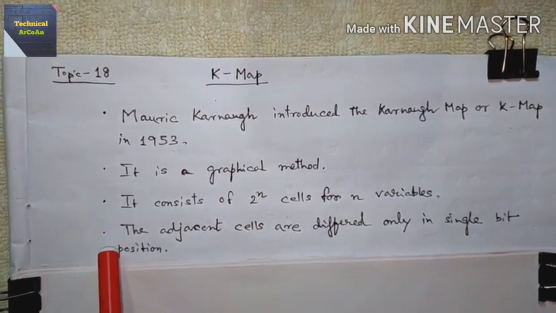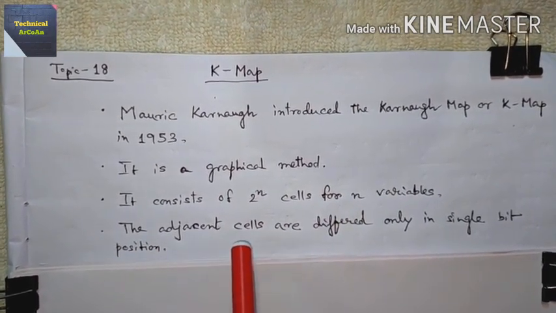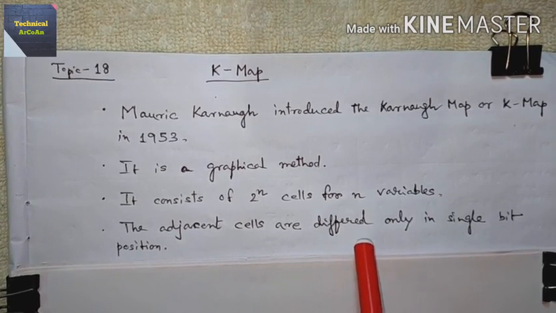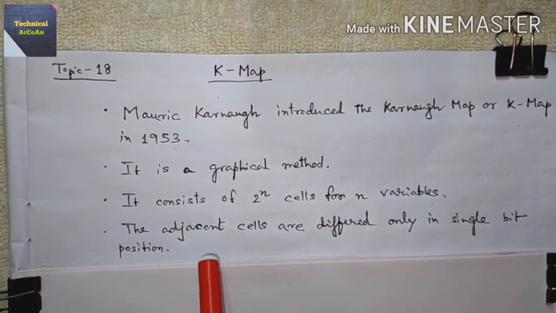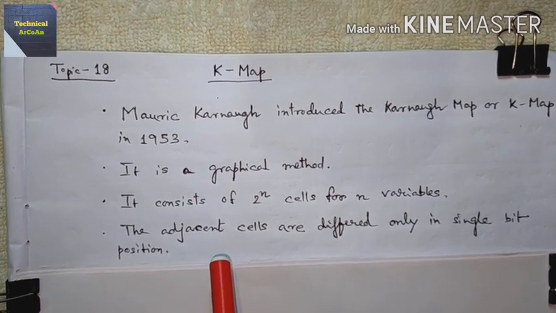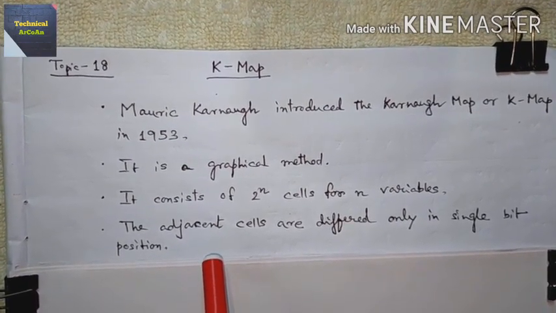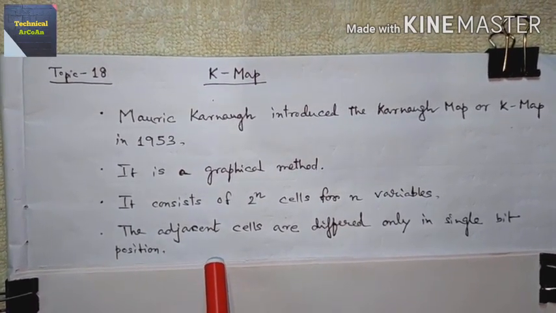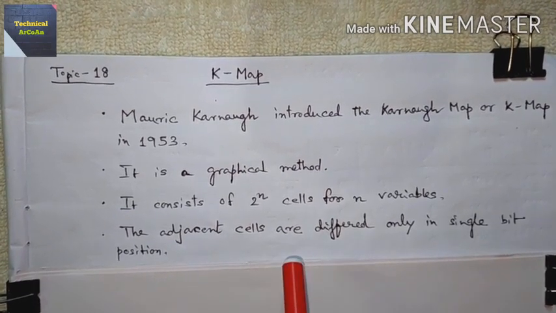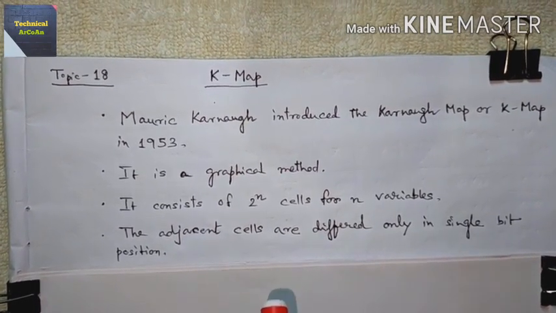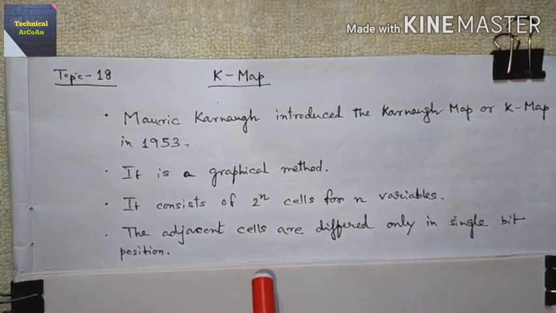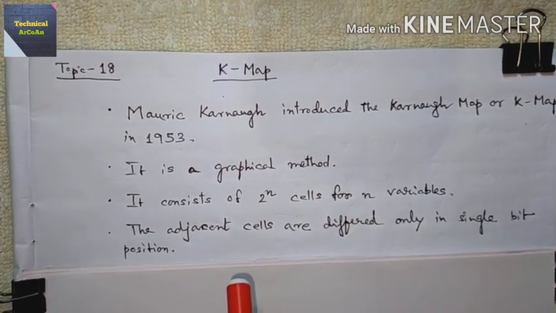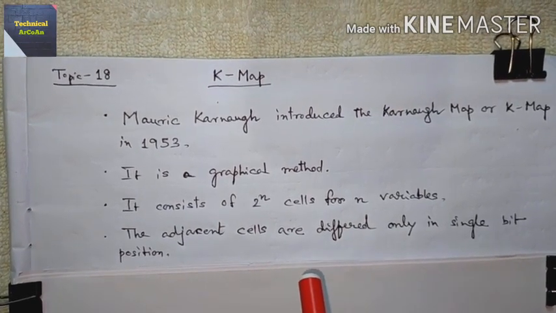The next point: adjacent cells differ in only a single bit position. That means from one cell to another cell, we need to change only one bit. More than one bit change between two cells is not permissible in a Karnaugh Map. So we will discuss more about the Karnaugh Map with an example.